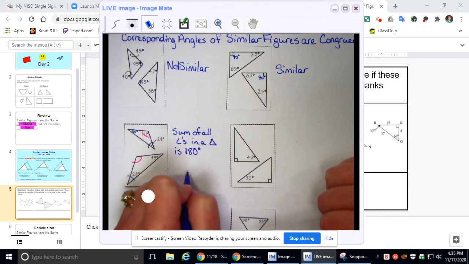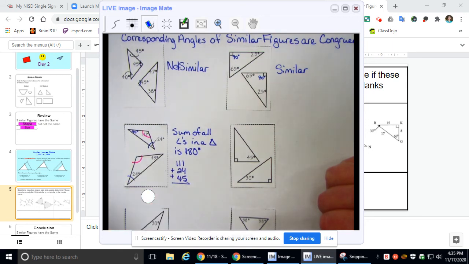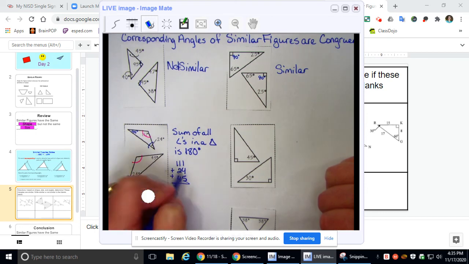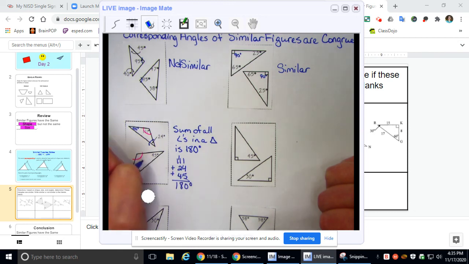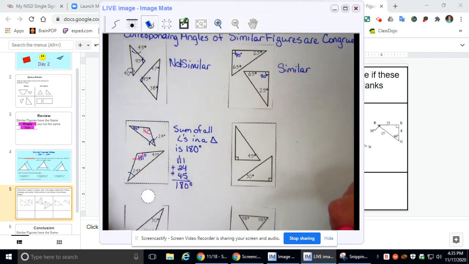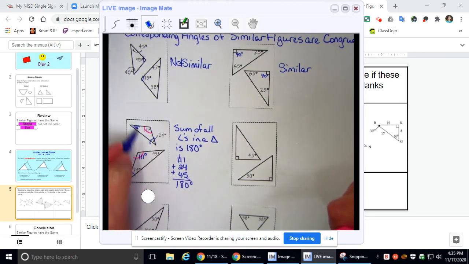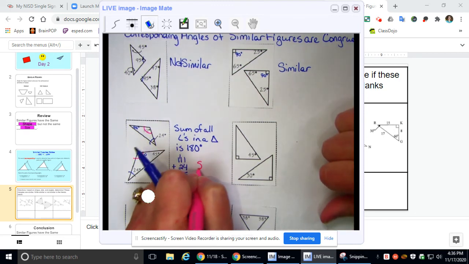So that means that 111 plus 24 plus 45, if they are all congruent angles, should equal 180 degrees. So let's try that. 5, 4, and 1 makes 10. 4, 5, 6, 7, 8, 180 degrees. So that means that this angle right here is 111 degrees as well. So since they are all congruent, 45, 45, 111, 111, 24, and 24, these two triangles are similar.